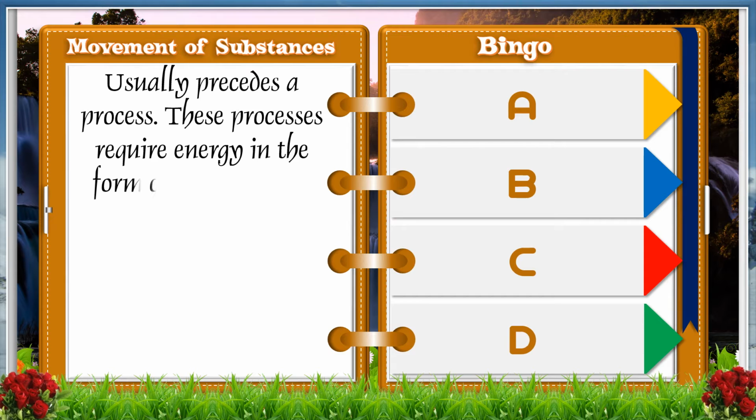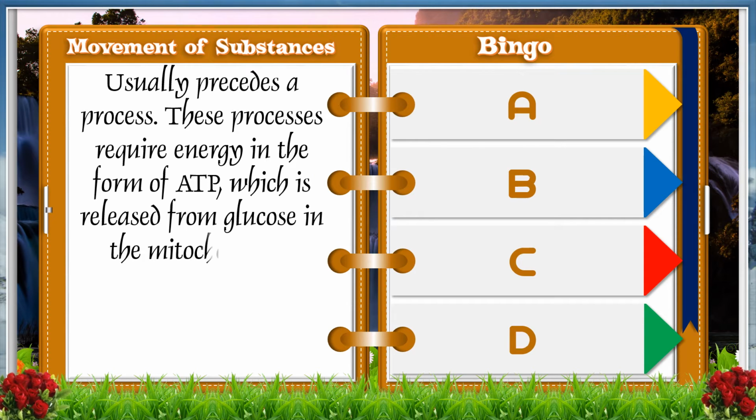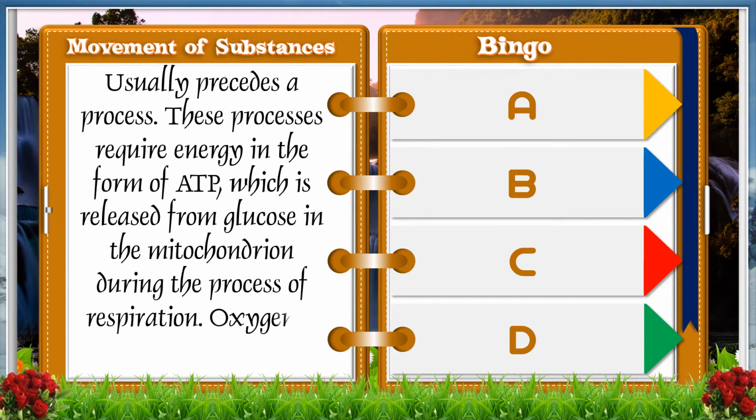Usually precedes the process. These processes require energy in the form of ATP, which is released from glucose in the mitochondria during the process of respiration. Oxygen is usually required.